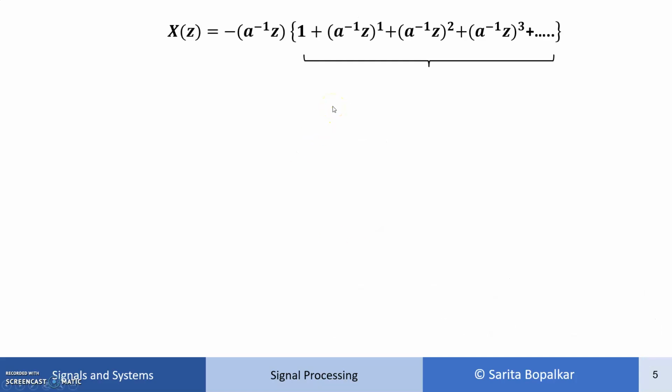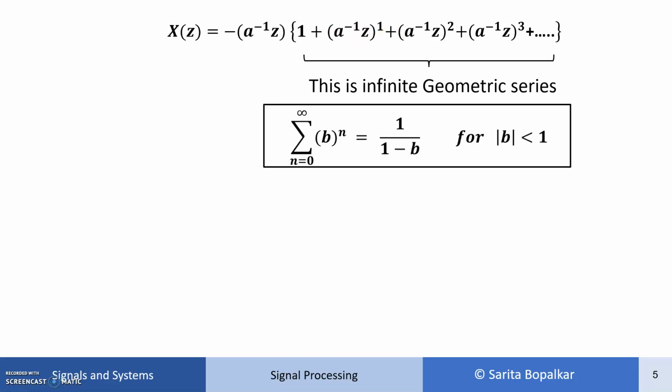This is nothing but an infinite geometric series, and we know the solution for an infinite geometric series is the summation n varies from 0 to infinity. That means b raised to 0, b raised to 1, b raised to 2, up to b raised to infinity. The solution is 1 upon 1 minus b, where mod b is less than 1.